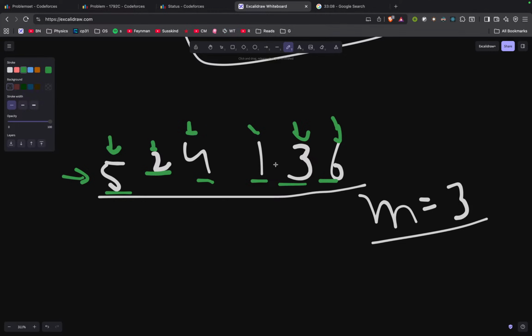So I think we can just look at whether 3 and 4 are in order or not. 3 and 4 are not in order, so we must use one operation here to fix their order, and then one operation on 5 and 2, and then one operation on 1 and 6.